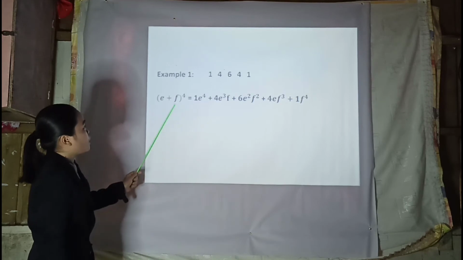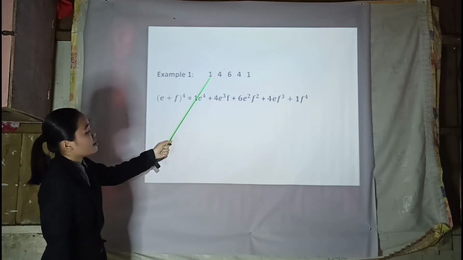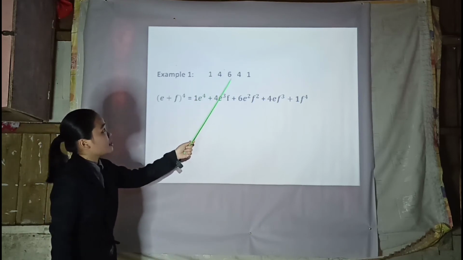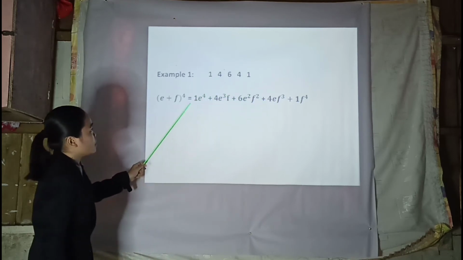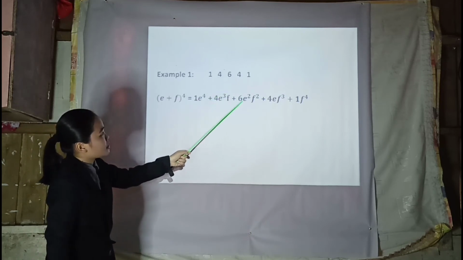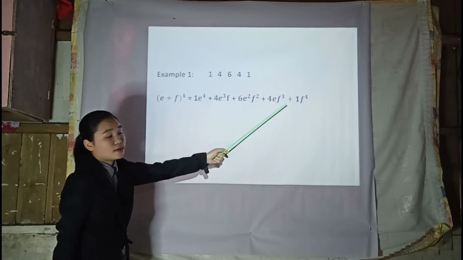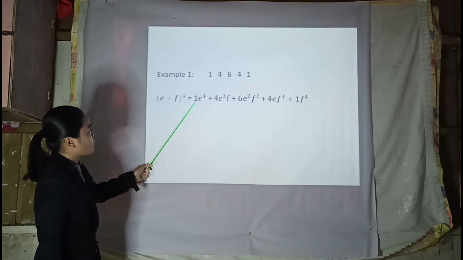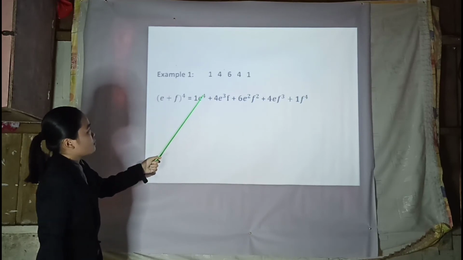In row 4, the coefficients are 1, 4, 6, 4, and 1. So we will use 1, 4, 6, 4, and 1. The answer for this expression is equal to e raised to 4.